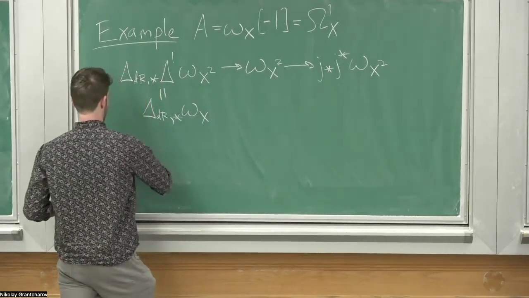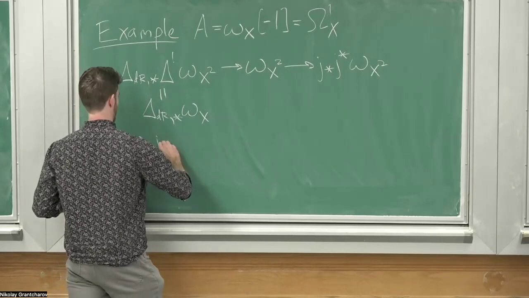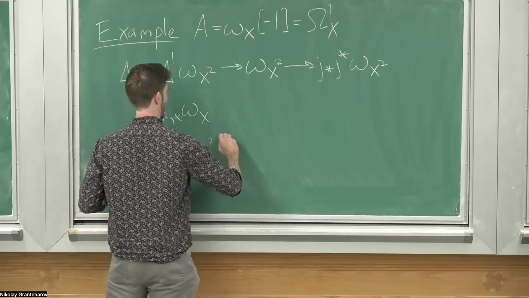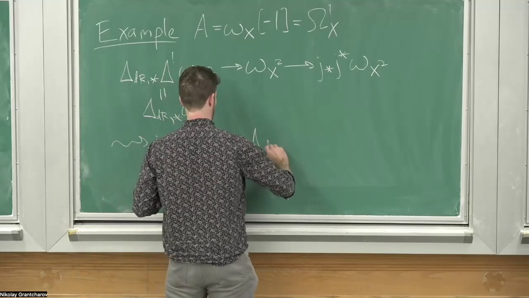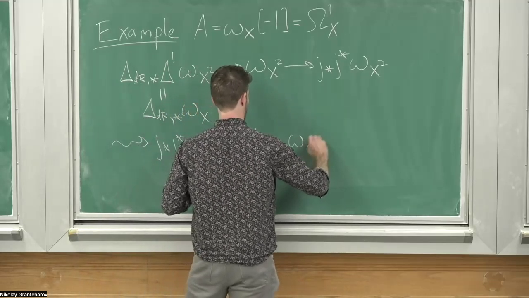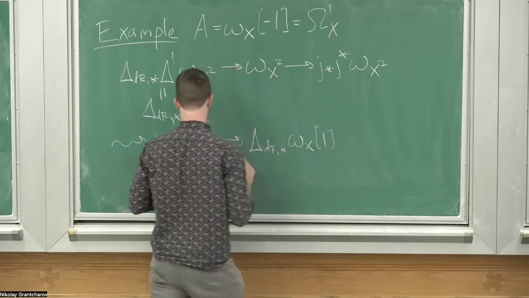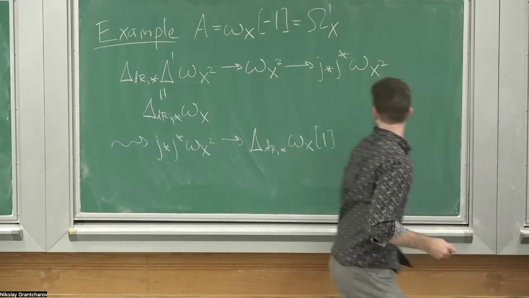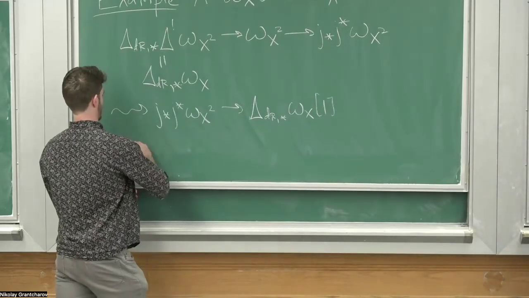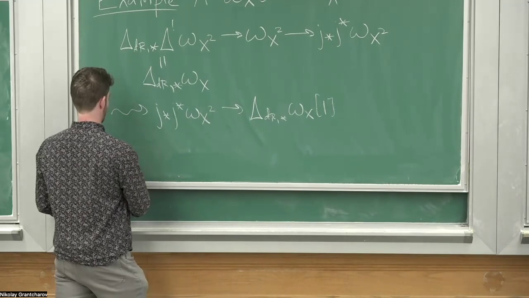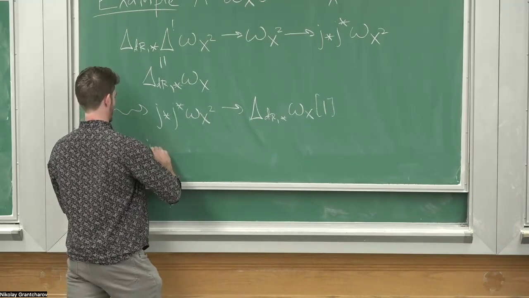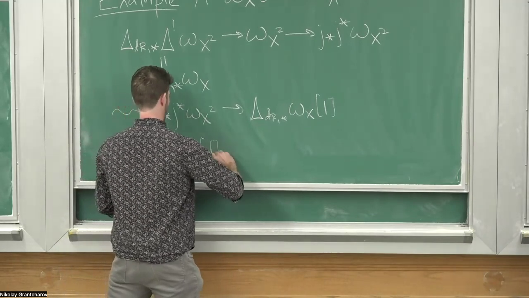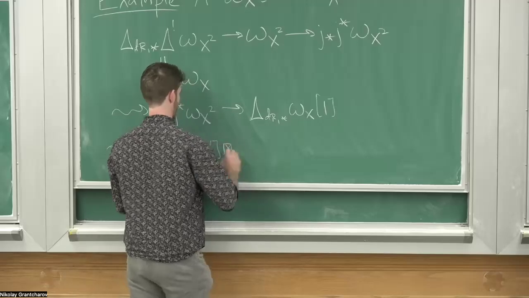So then I can rotate this exact triangle and I get a map from j lower star j upper star of omega X squared to delta lower star of omega X shifted by 1. And then if I shift the whole thing by -2, I get a chiral bracket, a chiral binary operation, on this omega X shifted by -1.